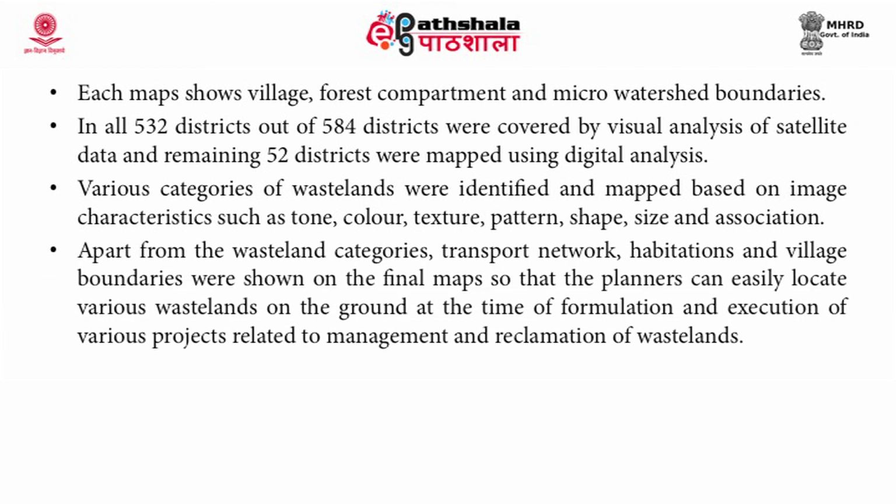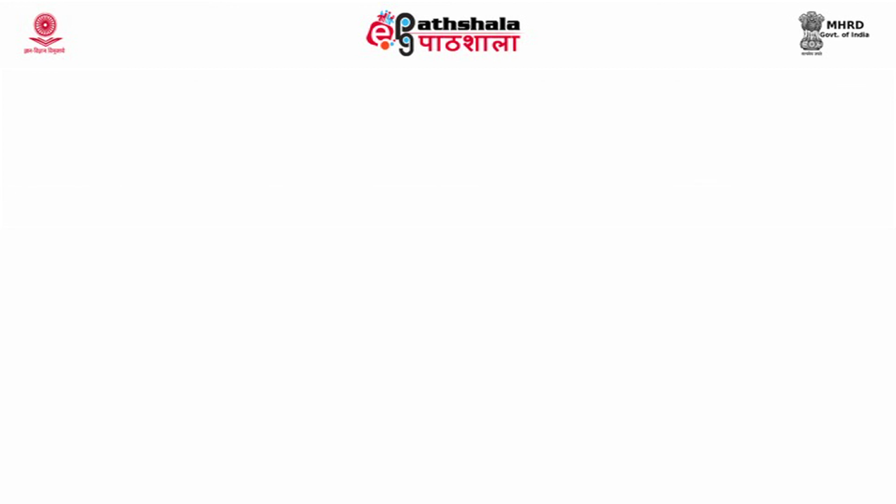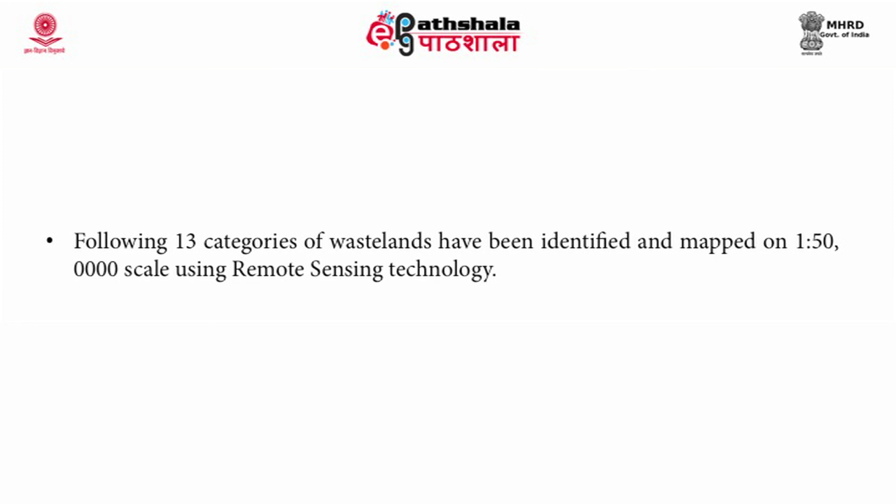Apart from the wasteland categories, transport network, habitation and village boundaries were shown on the final map so that the planners can easily locate various wastelands on the ground at the time of formulation and execution of various projects related to management and reclamation of wasteland. In this, the following 13 categories of wastelands have been identified and mapped on 1:50,000 scale using remote sensing technology.